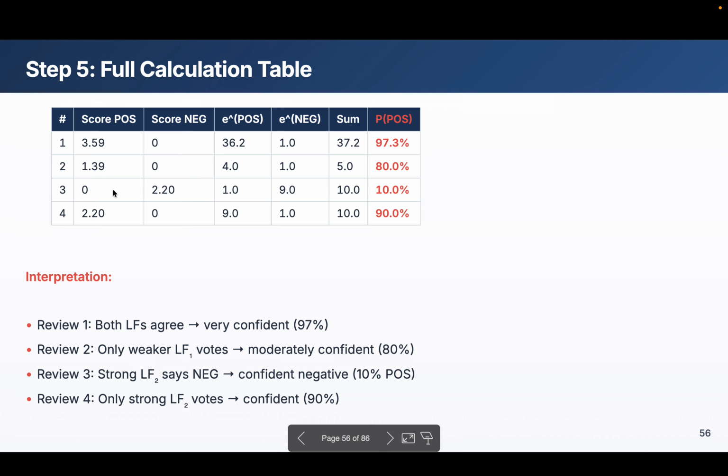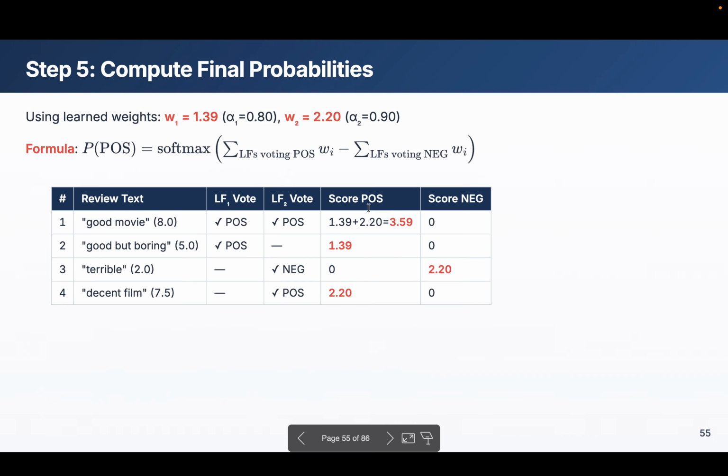So through these examples, for the third one, the probability of positive is 10%. That is because for the third one we got only one vote from LF2, LF1 did not vote, and LF2 has a good weight, 2.2. LF1 has a slightly lower weight because the alpha 2 value is very high.